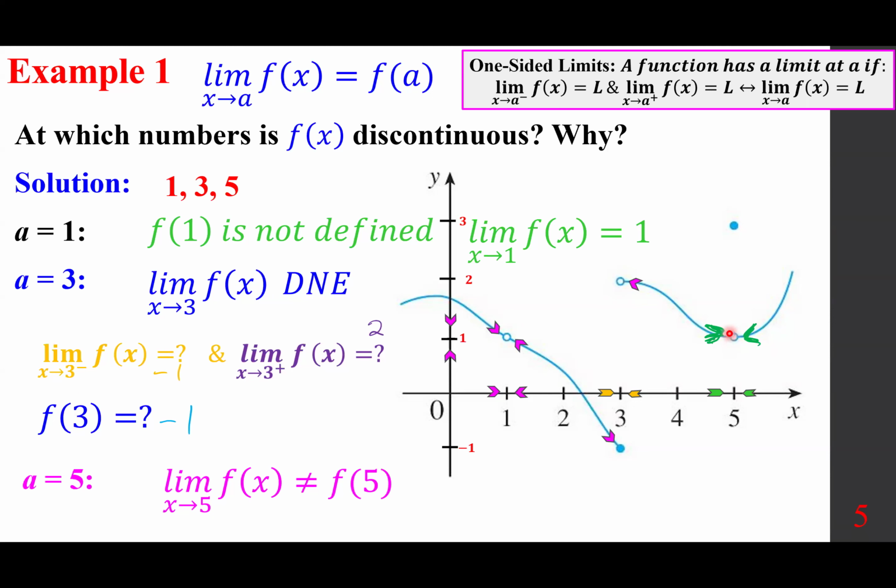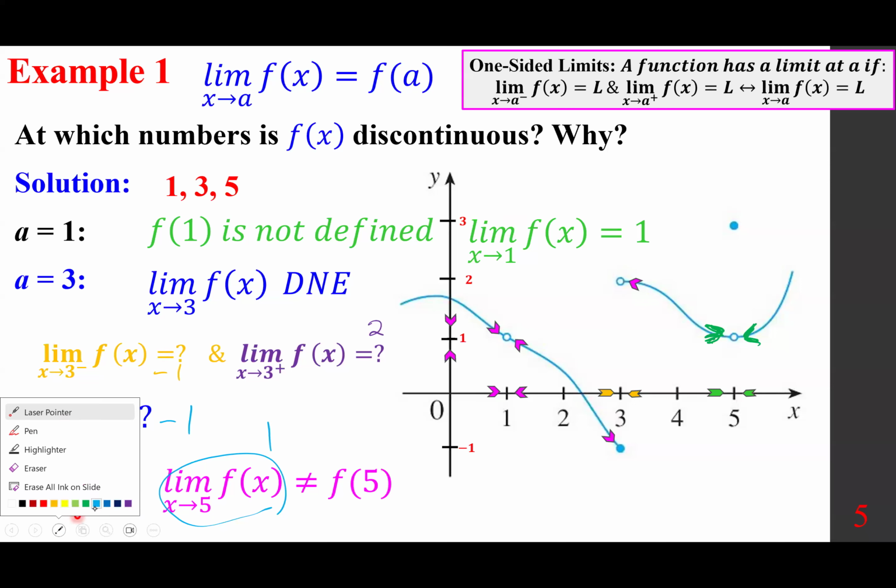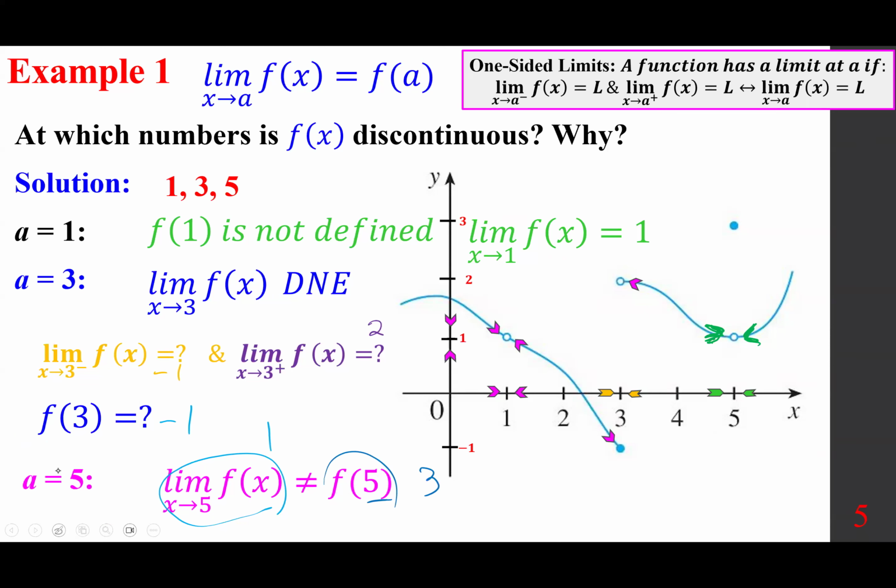The limit does exist and seems to be equal to 1, this y coordinate. Whereas f of 5, you look for the solid point, seems to be 3. So they are different.